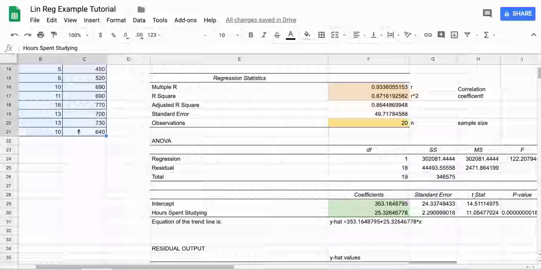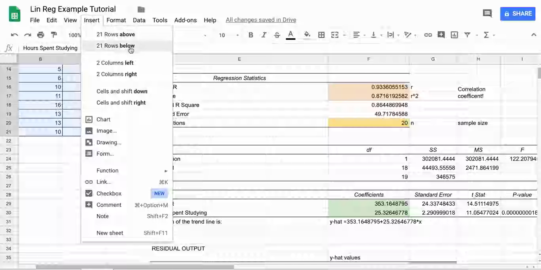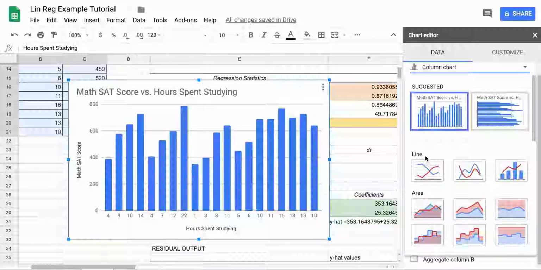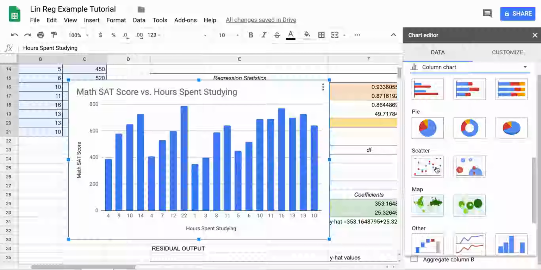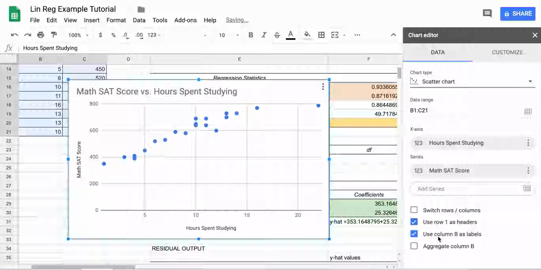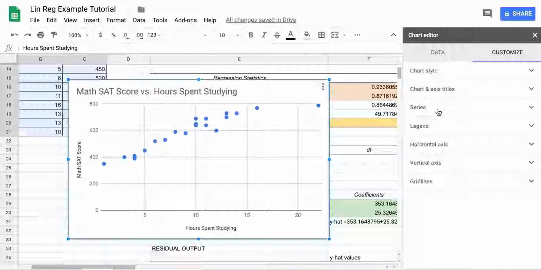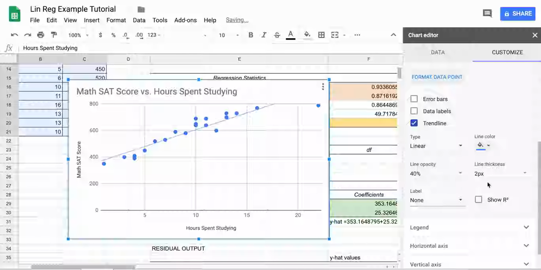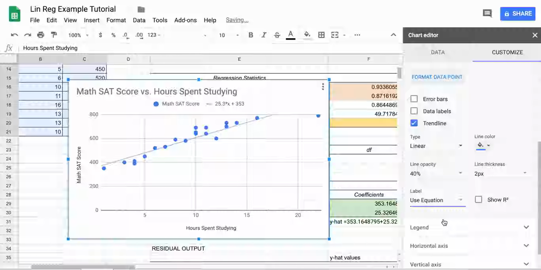So here we go. We're going to insert chart, turn it into a scatter plot. It used column B. It didn't aggregate. We're happy. We're going to customize. We're going to go to series. We're going to add the trend line. And we're going to change it into use equation.